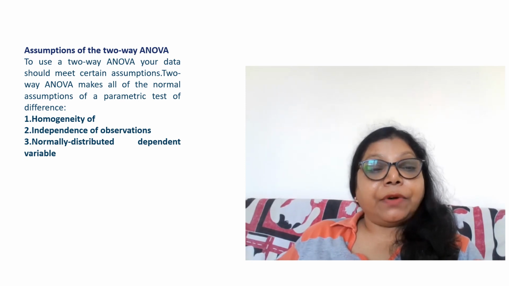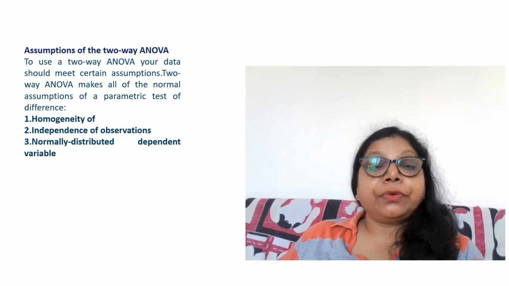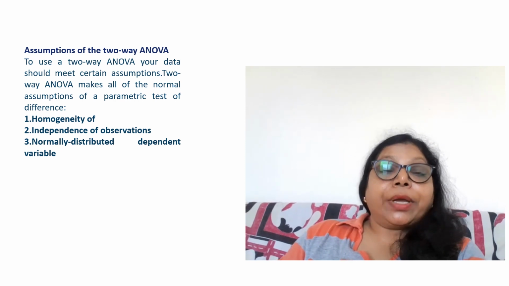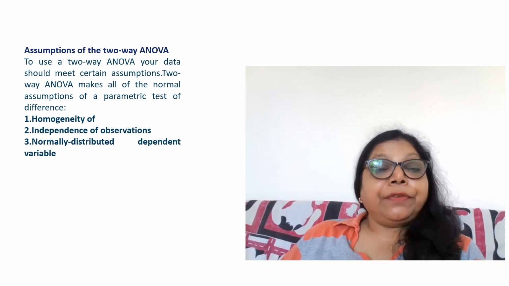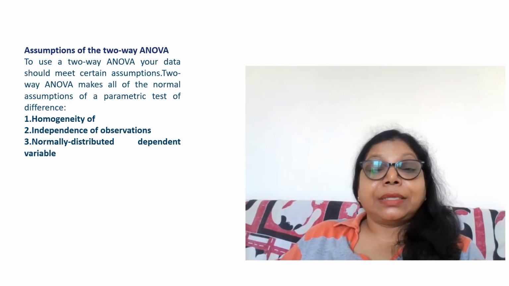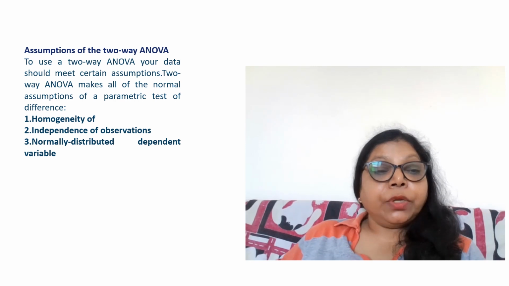That is, our observations should not be grouped within local locations or individuals. So if our data don't meet this assumption, then we can include a blocking variable, or we can use a repeated measures ANOVA.